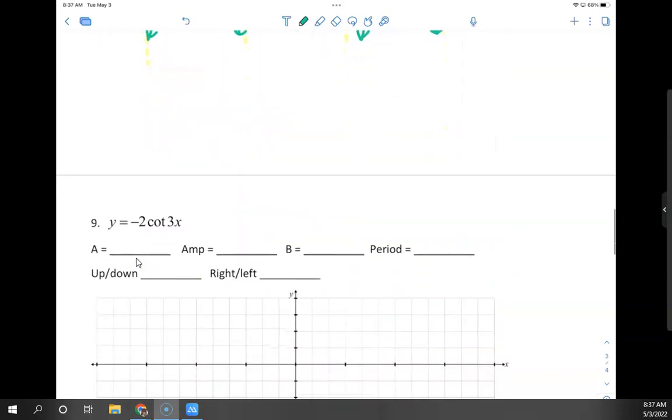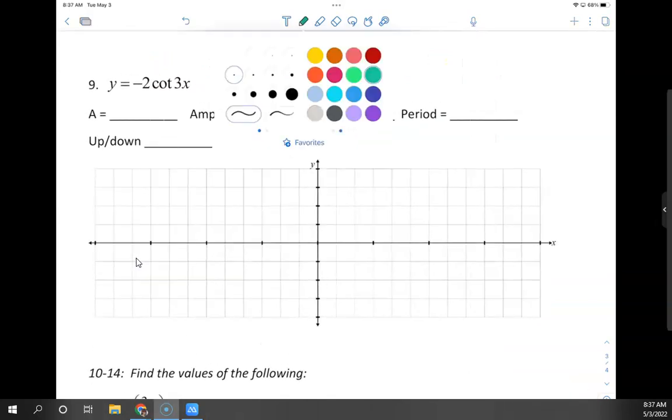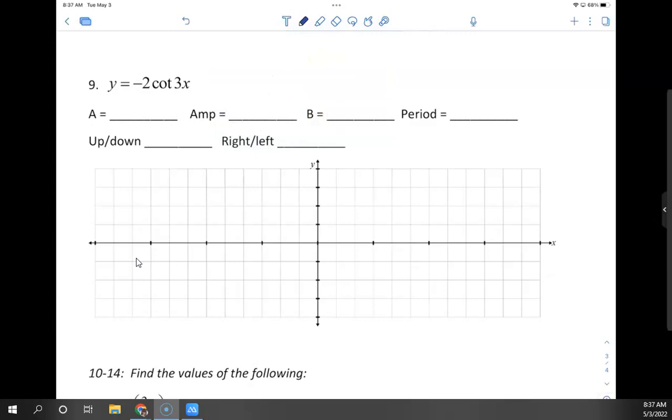So then we'll do a cotangent one. A is -2. Technically, the amplitude is none because cotangent doesn't have an amplitude, even though we do use A. B is 3. The period, remember, for tangent and cotangent is pi over B, not 2 pi over B. So the period is pi over 3.